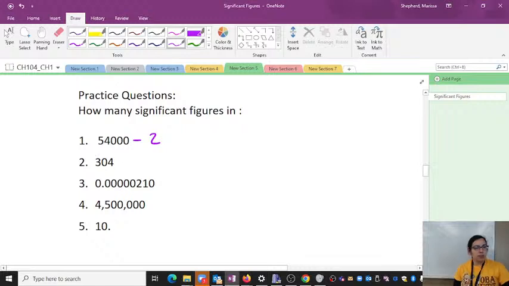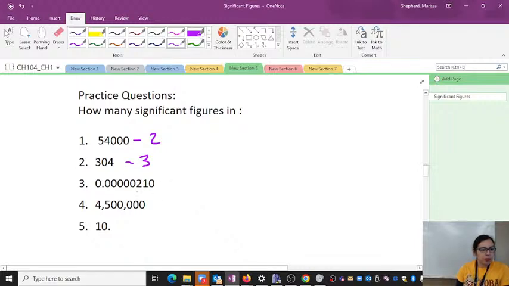What about number 2, 304? How many significant figures? 3. So we got 3 here. Don't let this captive 0 trick you. The 0 is stuck between those 2 digits, so they're all significant. So 3.